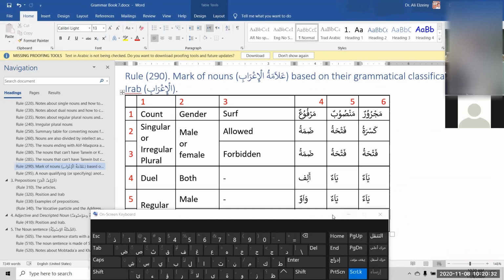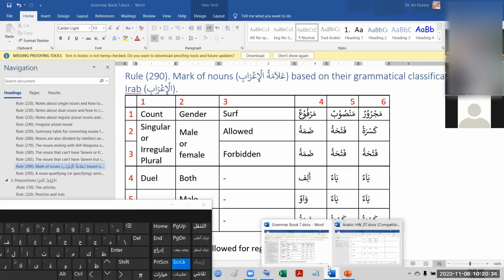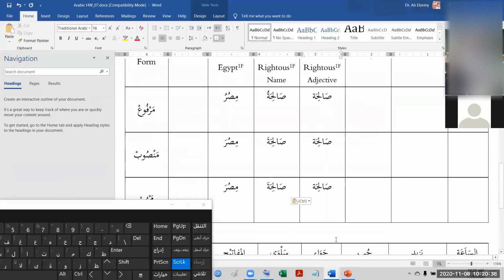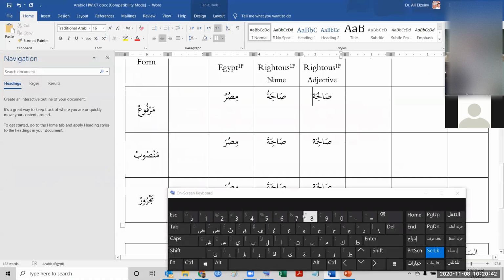So we go back to the homework, back to the curve. This one is going to be tanween dhamma. This one is going to be tanween fatha. Now, why not alif? Why don't I do this? Because we have an exception.